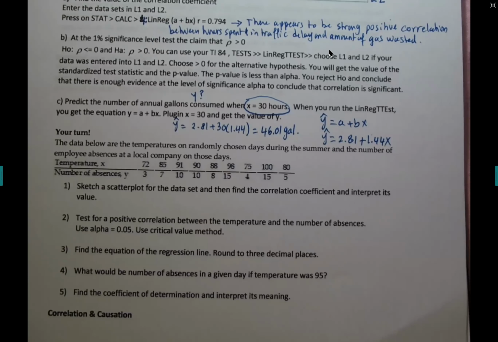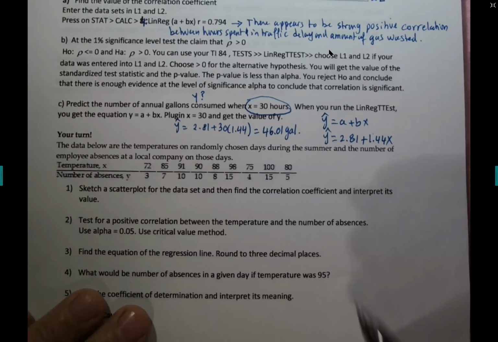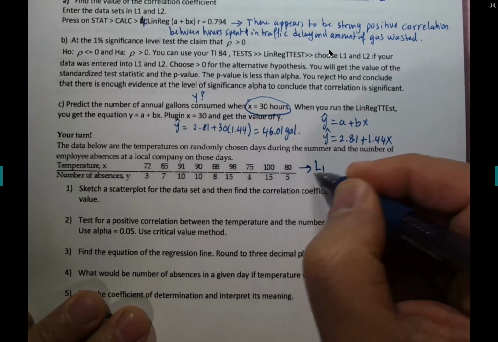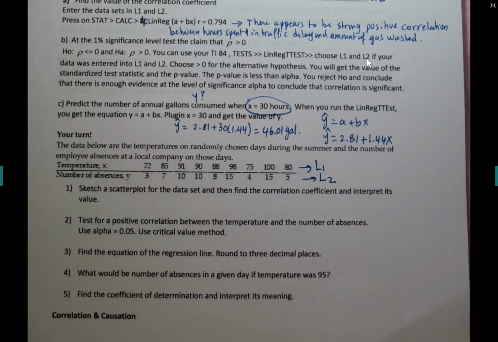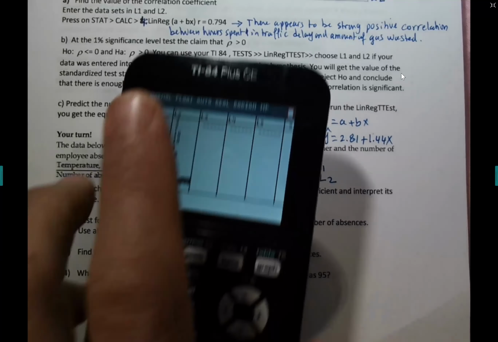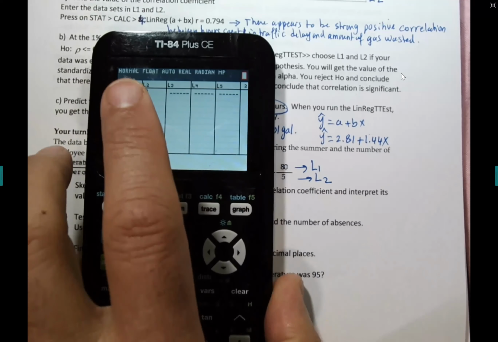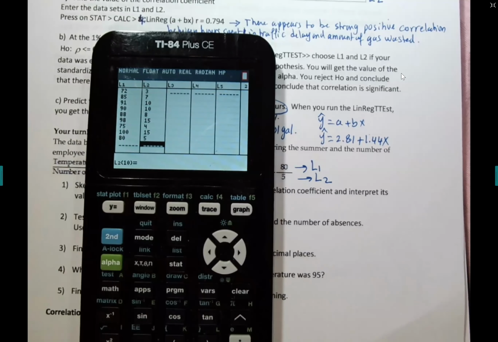So enter your data in L1 and L2. My data is right there, L1 and L2. The first question is to sketch it.